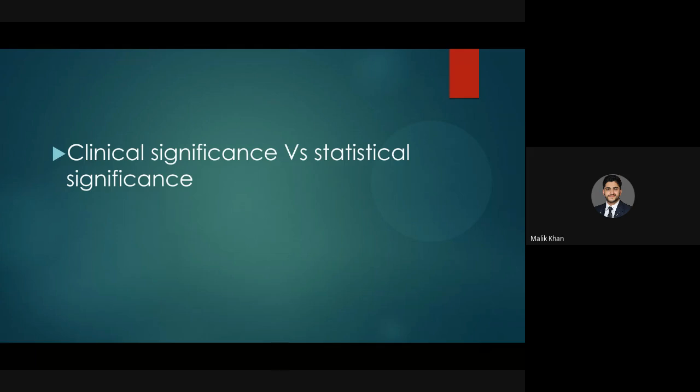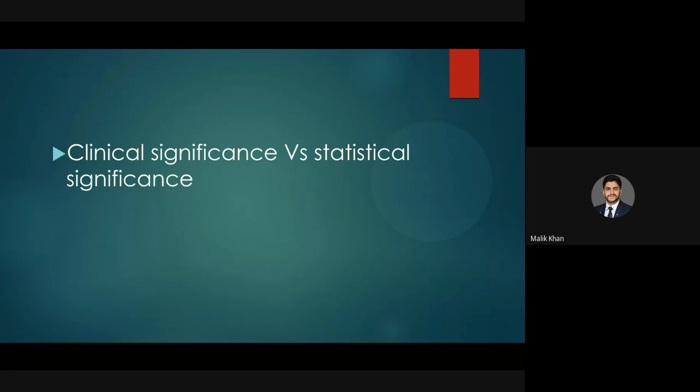So how much of an error was I willing to accept initially? Can someone put in the chat box what was my significance level? Anyone? Yeah, 5%. So I was willing to accept 5% error. What is my study showing? My study shows that the p-value is 4%, which means that the probability that lung cancer is by chance and not because of smoking is 4%.